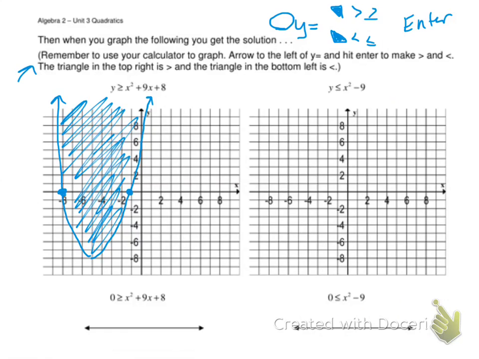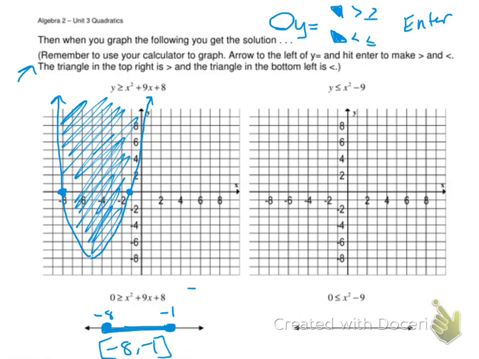It's a solid line because it's greater than or equal to. So I know right here I'm going to do -8 to -1, and I'm going to shade in the middle. My solution is -8, -1 with brackets. Solid line, closed circles, brackets. So x can be anything between -8 and -1.